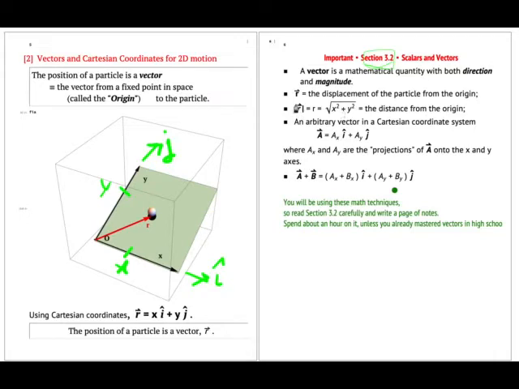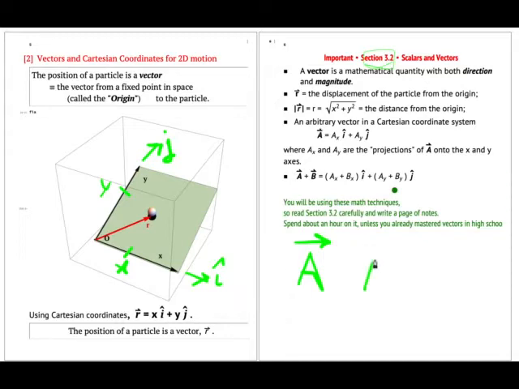Now you have to make sure you're using the vector notation correctly. If I write A, that's not a vector. If I write A with an arrow over it, that's a vector. If you don't include the arrow, you don't know what you're doing.